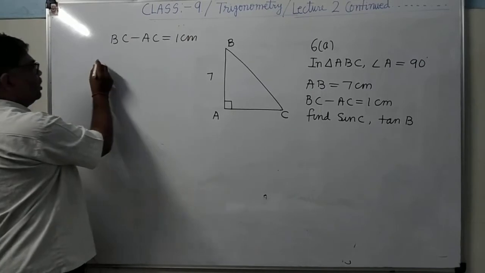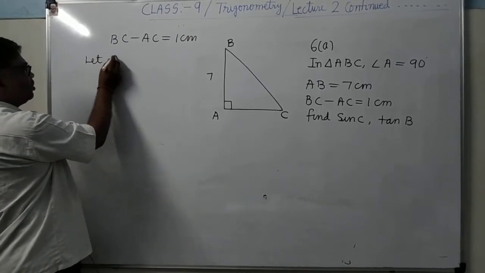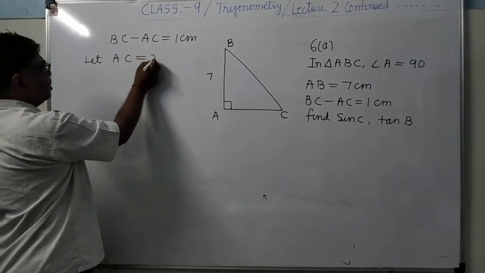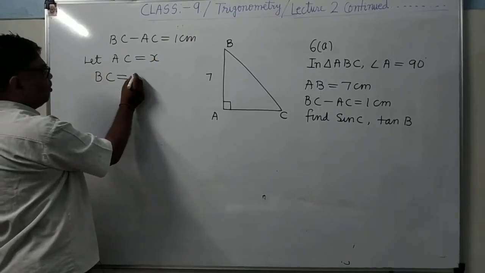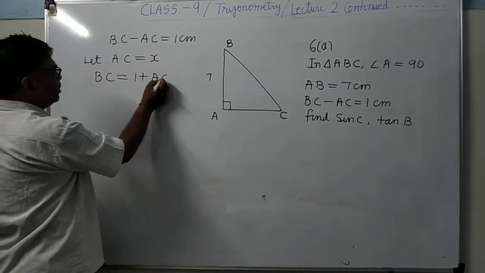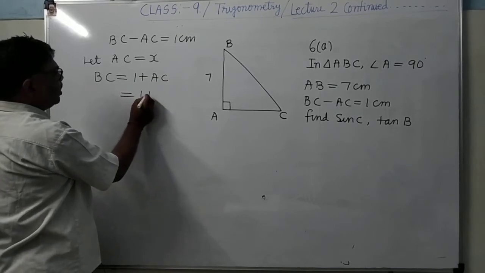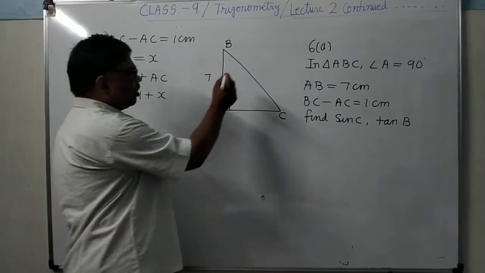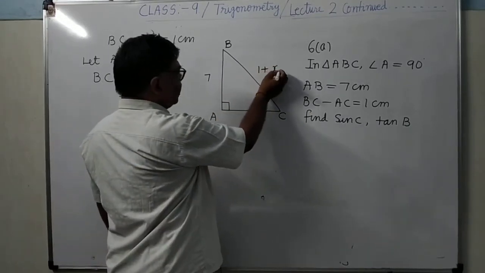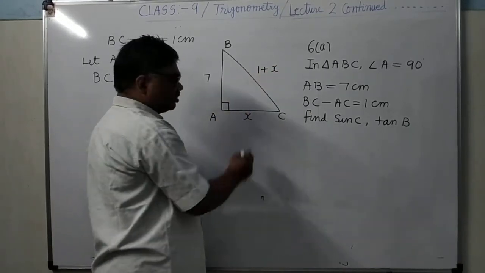Let AC equal X. When AC equals X, what will BC be? It will be 1 plus AC, that is 1 plus X.